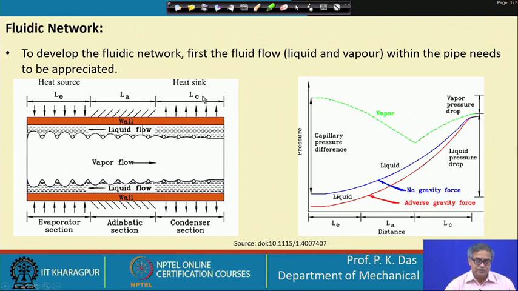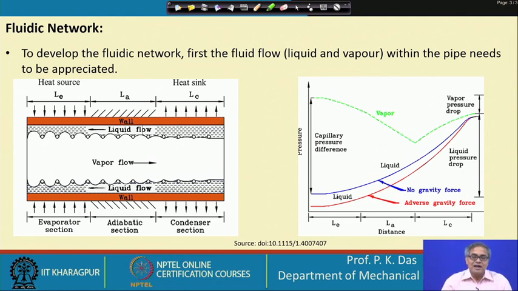So, here heat is being extracted. So, here it will get into liquid state and that liquid state will return through the wick structure to the evaporator section. So, this will continue. This is our fluidic network. Okay. Vapor, liquid, liquid, vapor. So, again we can see that evaporator to condenser, condenser to evaporator.